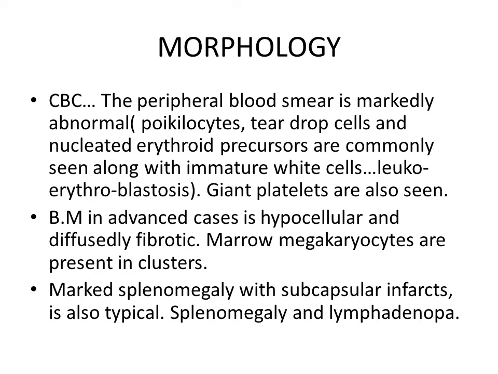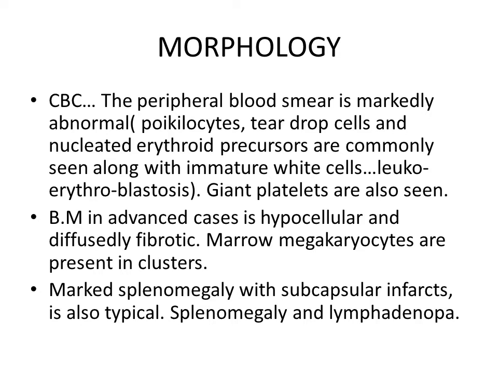We can see nucleated erythroid precursors and erythroblasts. Nucleated erythrocytes are commonly seen along with immature white cells. So both the immature cells of the erythroid series and the immature cells of the white cell series, neutrophils, are present on the peripheral blood smear.